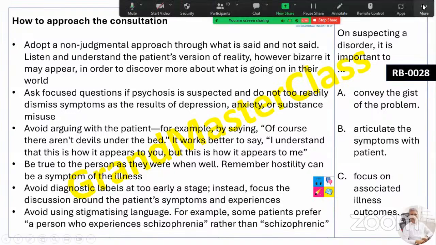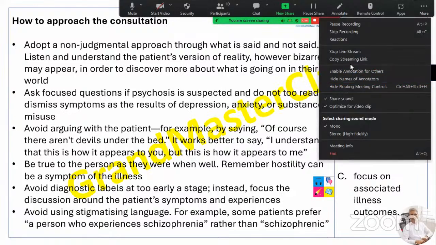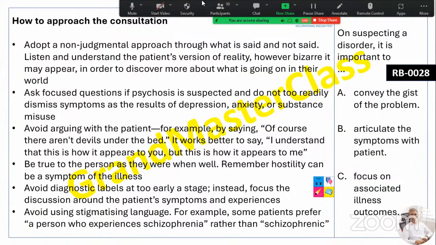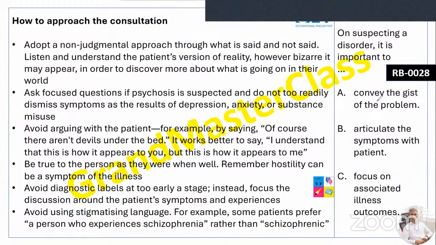When I go to the question, it is written that something is important, that is what is called the conclusion of this paragraph. In the first paragraph they write about the non-judgmental approach and the judgmental approach. In the second, they write about focused questions and give some examples.